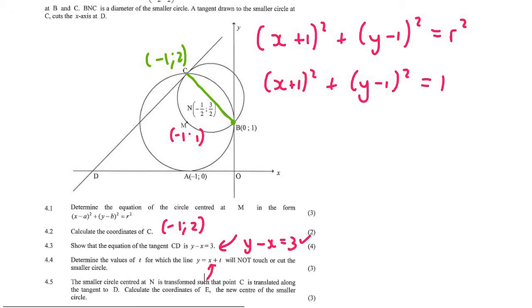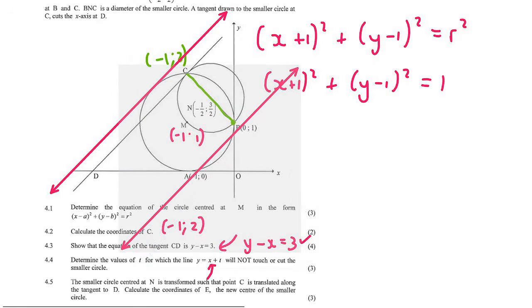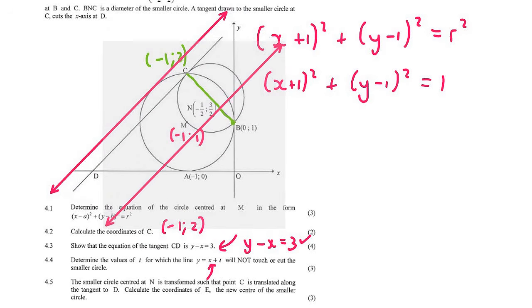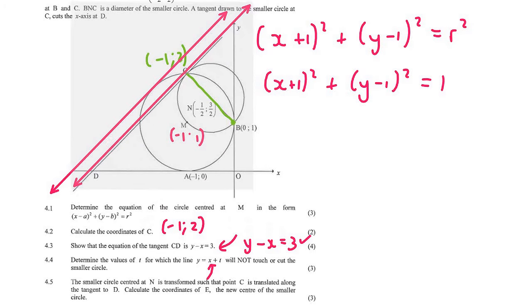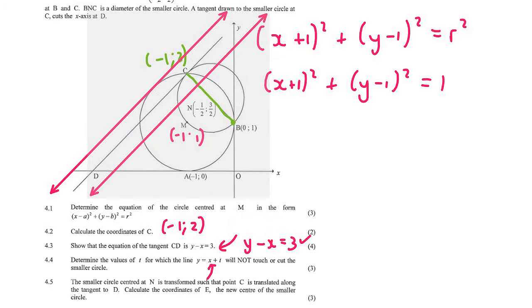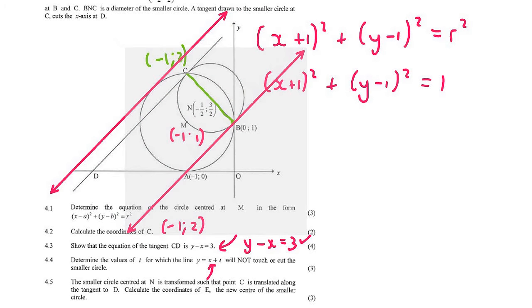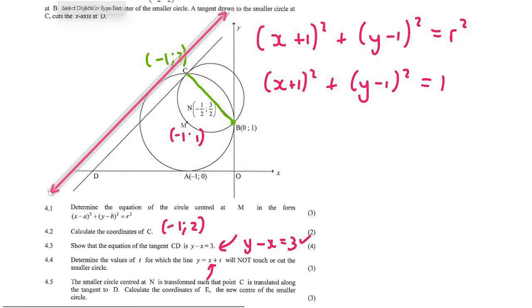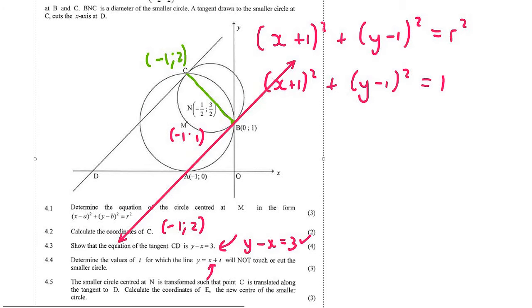So they're parallel. So we are looking for lines that are parallel to CD, like that, and they want to know what must t be equal to so that the tangent doesn't touch the circle. So if it touches the circle, let's say it does touch the circle over there, then what would the c value be?